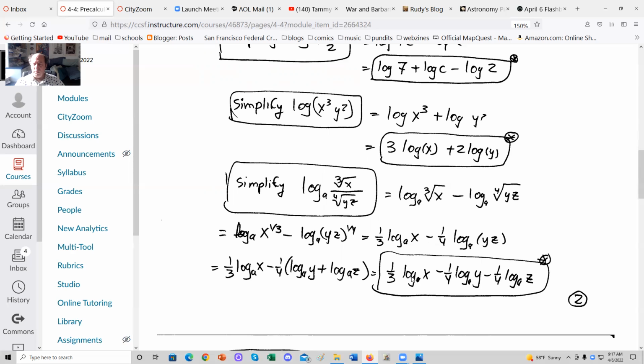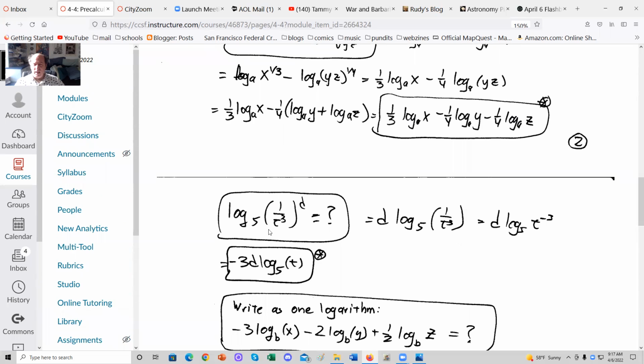So 1/3 log base a of x minus a quarter log base a of y minus a quarter log base a of z. It's important to have this minus here. I've seen quite a few people start from here and just somehow drop the parentheses so you get plus log base a of z, which is incorrect. The z is in the denominator, therefore its logarithm is subtracted.